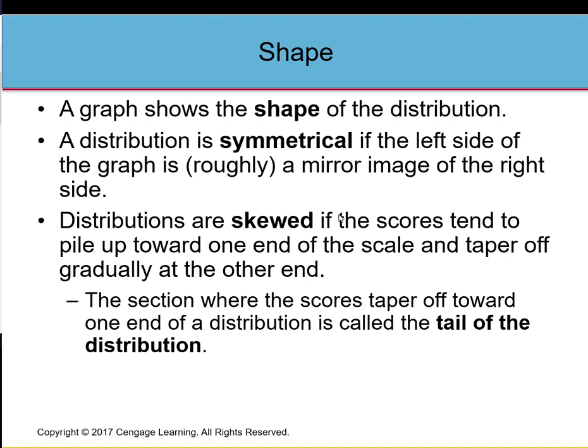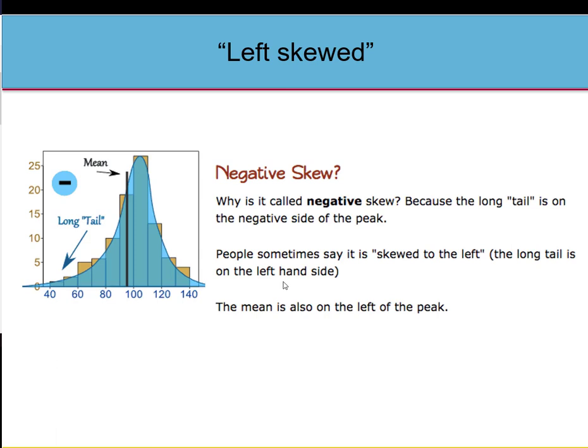A graph shows the shape of the distribution, and the distribution is symmetrical like the normal curve if the left side of the graph is roughly a mirror image of the right. And then we have skewed distributions if the scores tend to pile up. It's easier to see it than to read it. So here we have a left skewed or negative skewed distribution. Why is it called negative skewed?